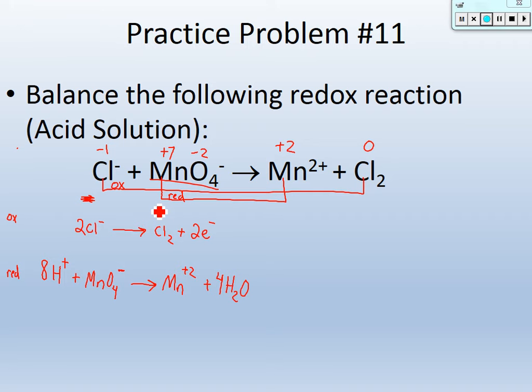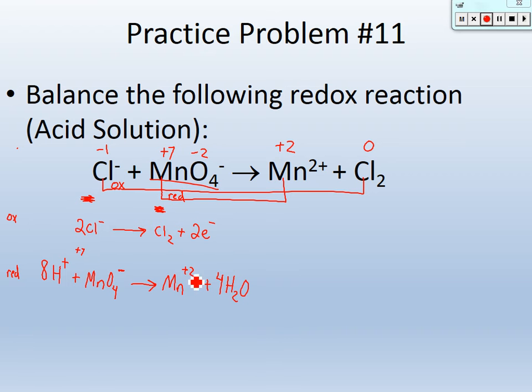Okay. Let's go to balancing the charges on the bottom half reaction here. What's the total charge from this guy? +8. What's the total charge from this guy? -1. So that is +7 overall. So I'm going to put a little +7.